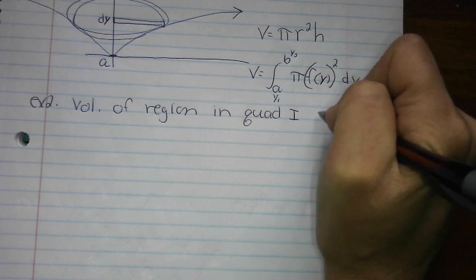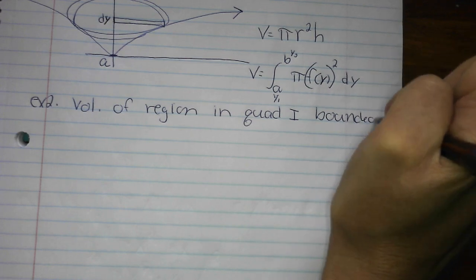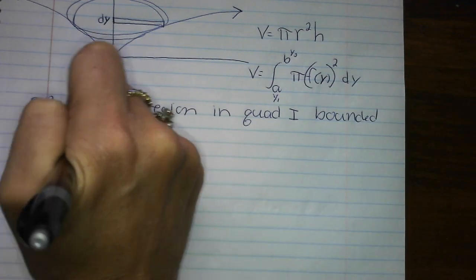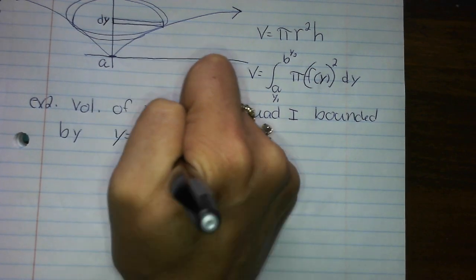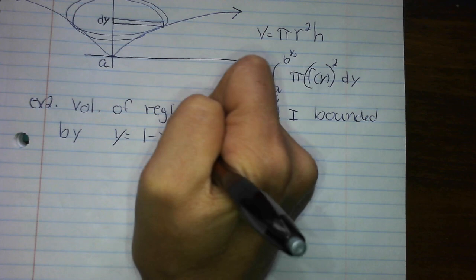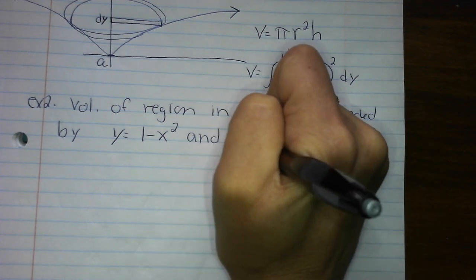In quadrant 1, bounded by y equals 1 minus x squared and rotated about the x-axis. Excuse me, y-axis.